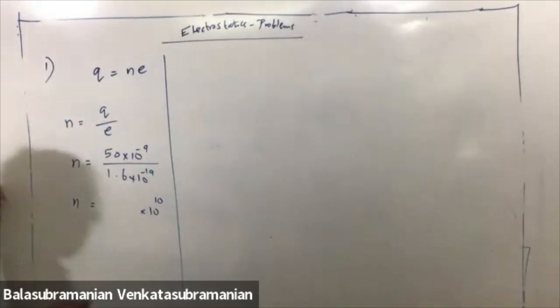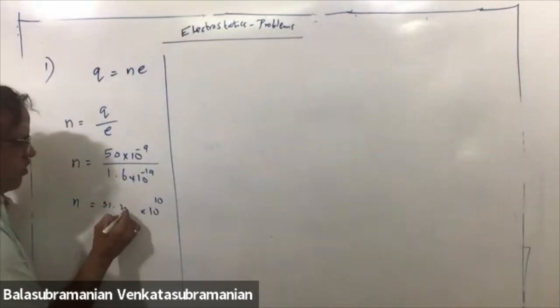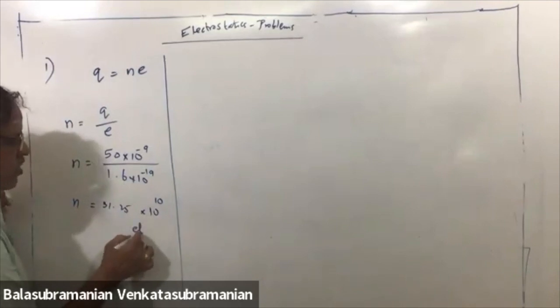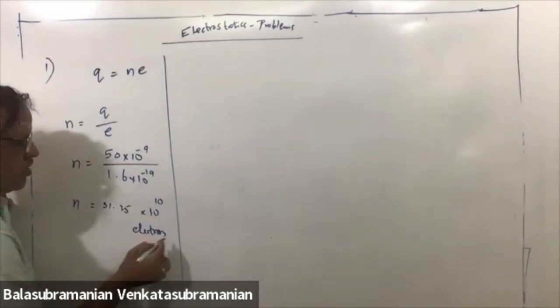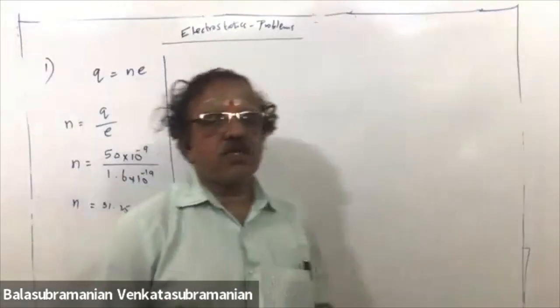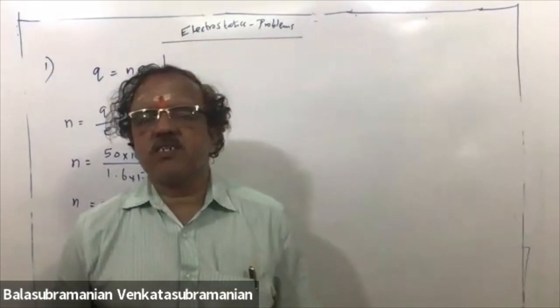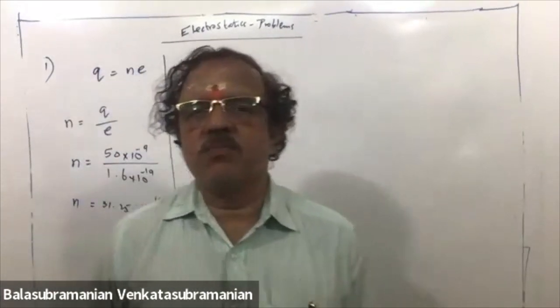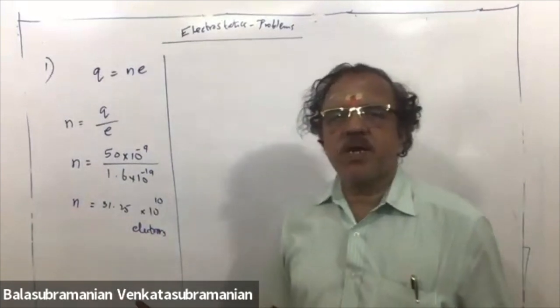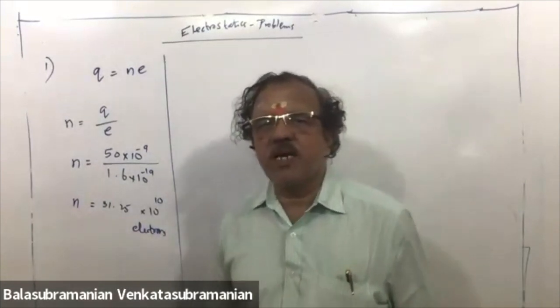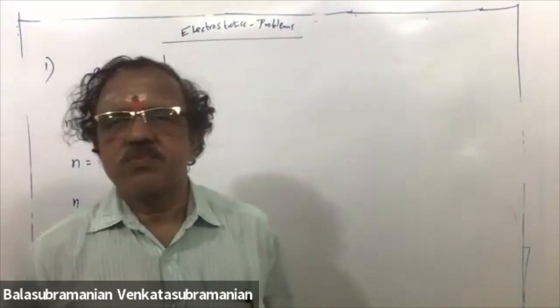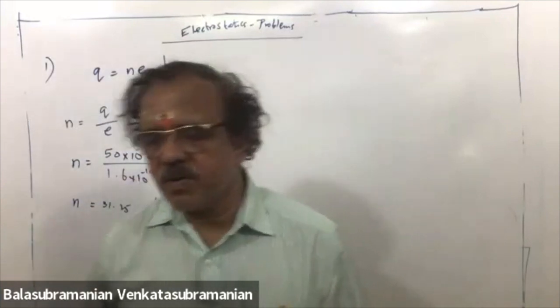This is 31.25 into 10 power 10 electrons. So the number of electrons for a body charged with 50 nanocoulomb is 31.25 into 10 power 10 electrons. Okay, this is the first problem.